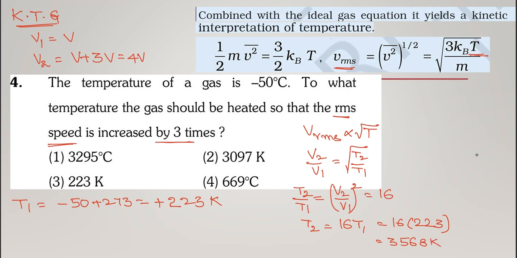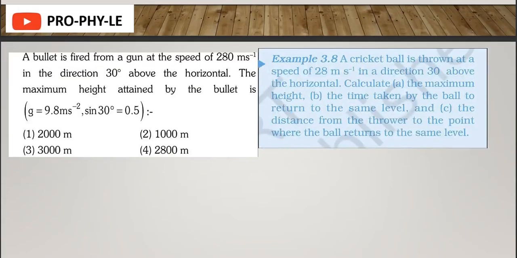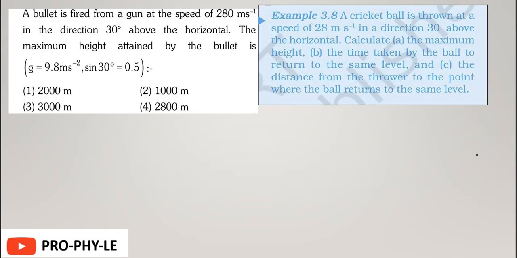But none of the options matches. We have to convert this into degree centigrade, so this will be equivalent to 3295 degrees centigrade. So if you are well aware of this NCERT formula, then you can solve this question. Similarly, look at this next question.